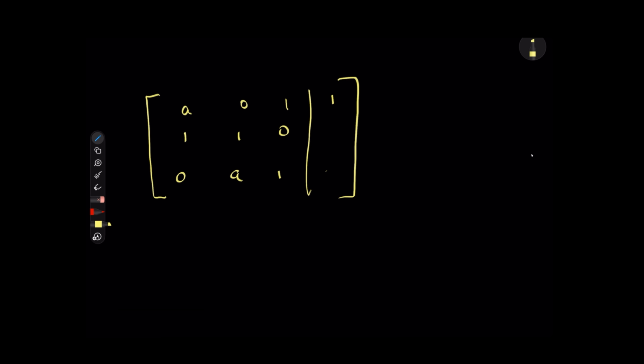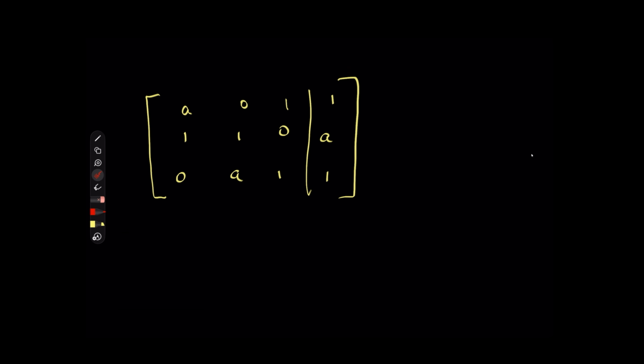So I have A, 0, 1, augmented with 1. I also have 1, 1, 0. I have 0, A, 1, 1. And I have A as well here. So I need a 1 in this position here.